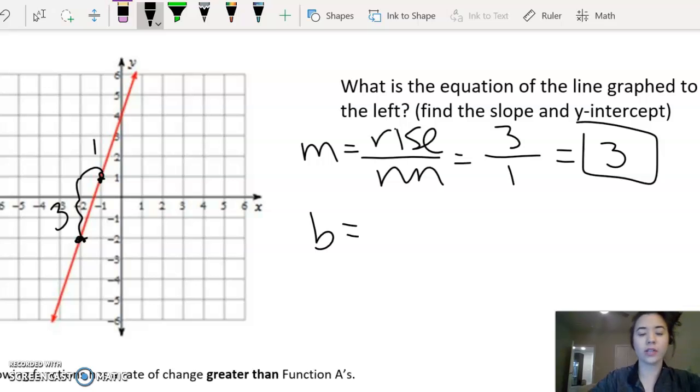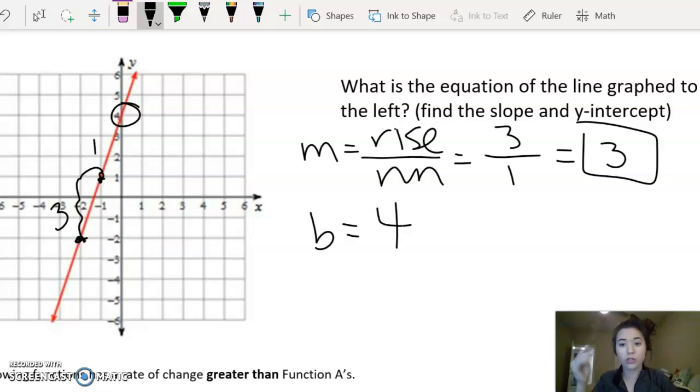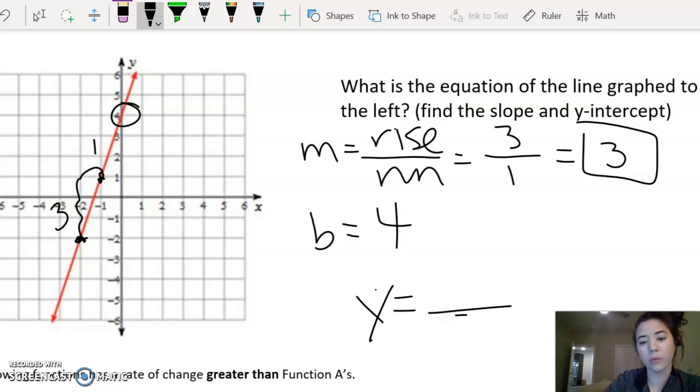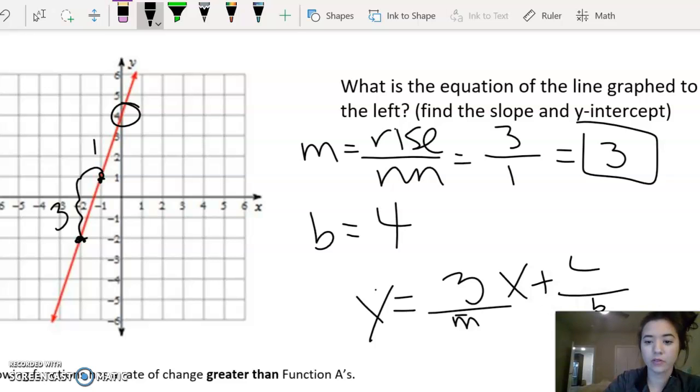Okay, what's our y-intercept here? Where does it cross the y-axis? Up here at 4. Okay, so now we can create the equation of the line. Go ahead and create your equation. Remember, it's y equals your slope, x, plus your y-intercept. So we have y equals our slope, 3x, plus our y-intercept, 4.